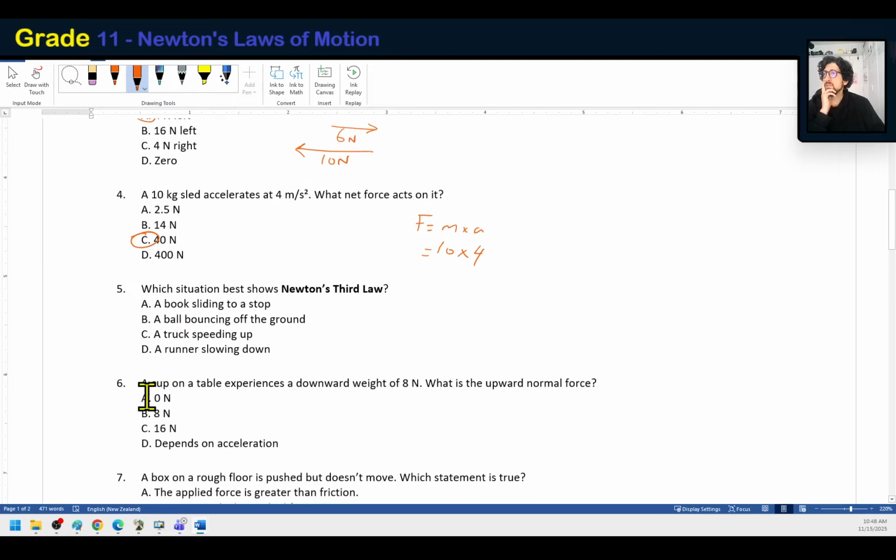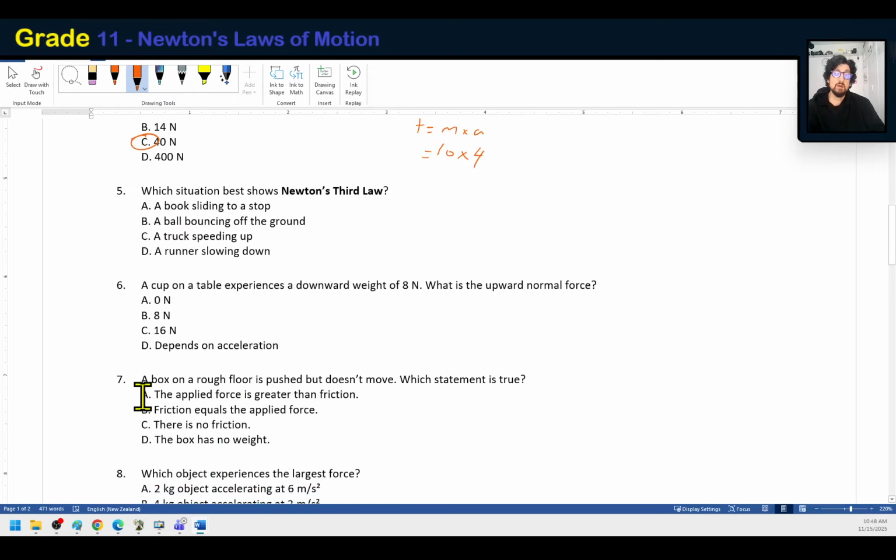Which situation best shows Newton's third law? Newton's third law says for every action there is an equal and opposite reaction, or F equals negative F. That is the easiest way of showing it. So a book sliding across a tabletop, no. A ball bouncing off the ground, yes, obviously.